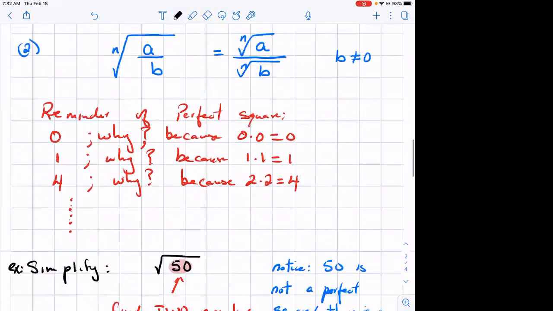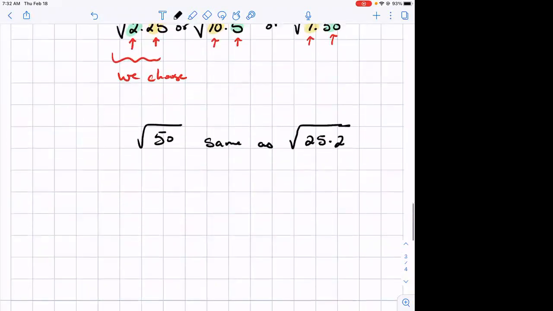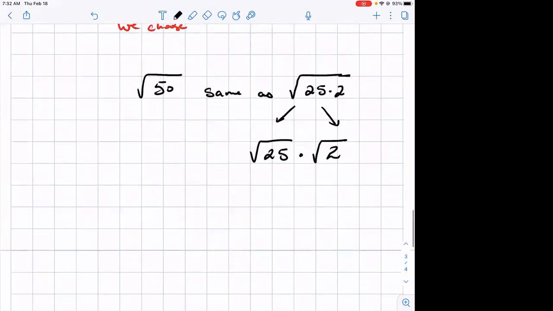So now we can go back here and say, well, listen, this is the same as the square root of 25 times the square root of 2. Yeah, same. And we know that this is a perfect square. The square root of 25 is 5. The square root of 2 we don't know, so that just becomes the square root of 2.